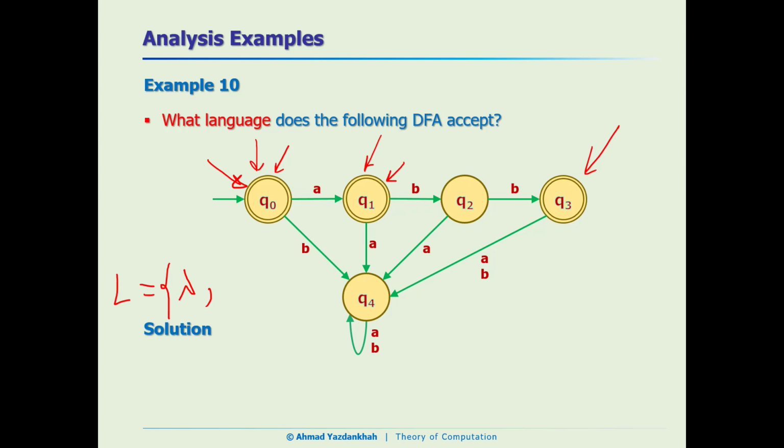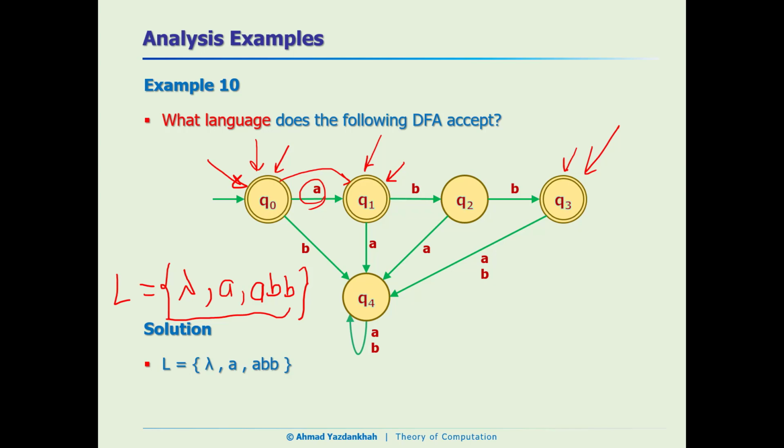Lambda. Yeah. Which string will stop here? Only A. And we already know that. What would happen for these states? That was already A, B, B. So these are the only strings that, if we input them in this machine, will be accepted. Otherwise, all of the other strings will be rejected.